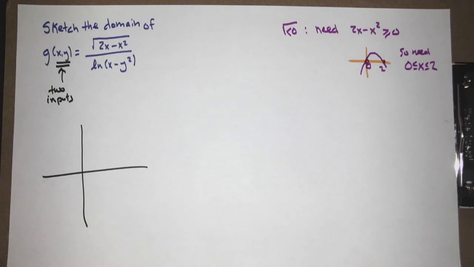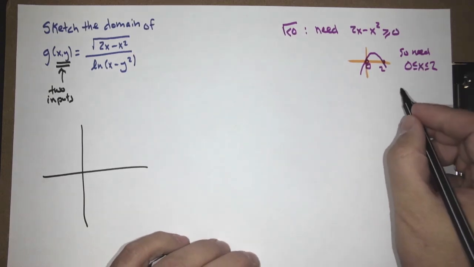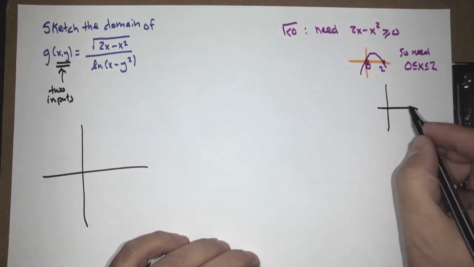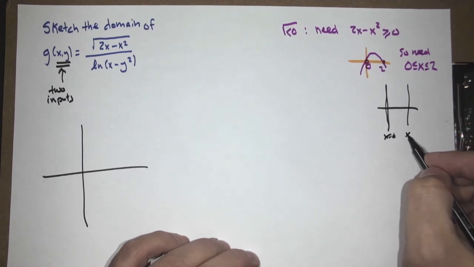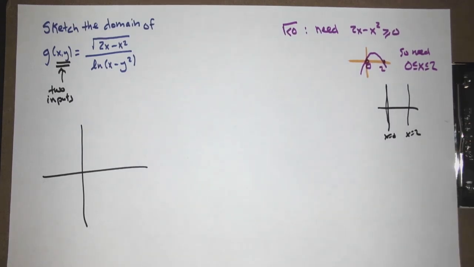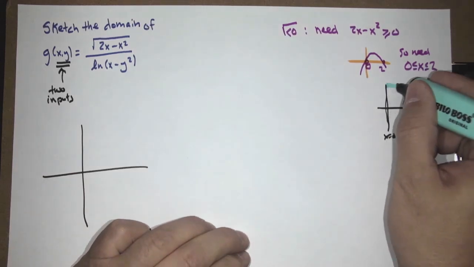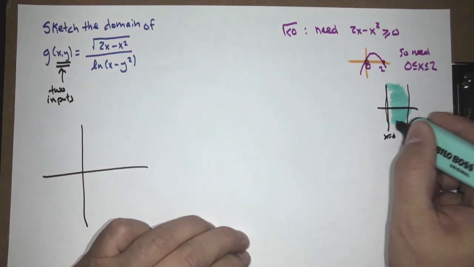It tells us the following: there's this line x equals 0, there's this line x equals 2, and I've drawn them with a solid line deliberately because we're going to include it.